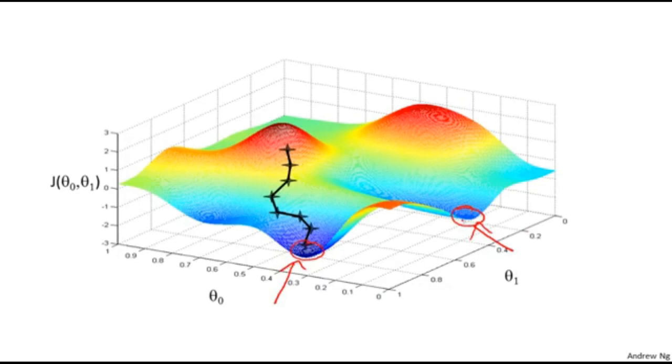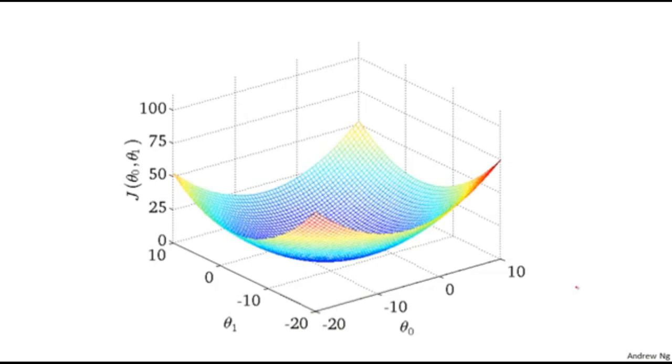But it turns out that the cost function for linear regression is always going to be a bow-shaped function like this. The technical term for this is a convex function. I'm not going to give the formal definition of a convex function, C-O-N-V-E-X, but informally, a convex function means a bow-shaped function.